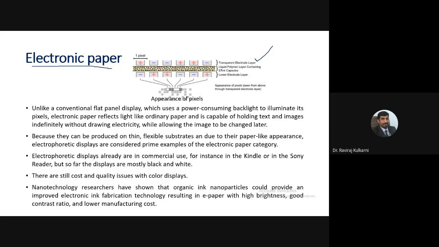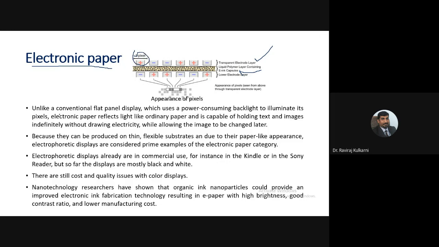You require a liquid polymer layer containing e-ink, in capsules, and a lower electrode, another electrode there. Then you need to supply voltage, and the appearance of pixels can be seen. So you can get the pixels here. These are commercially available.